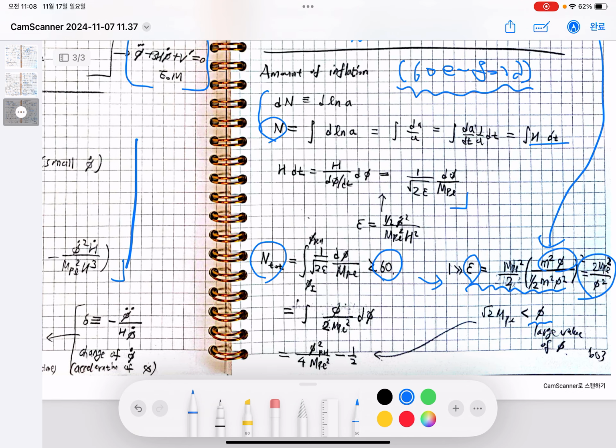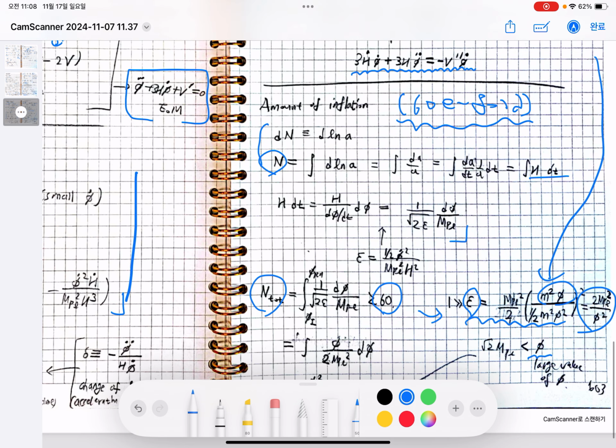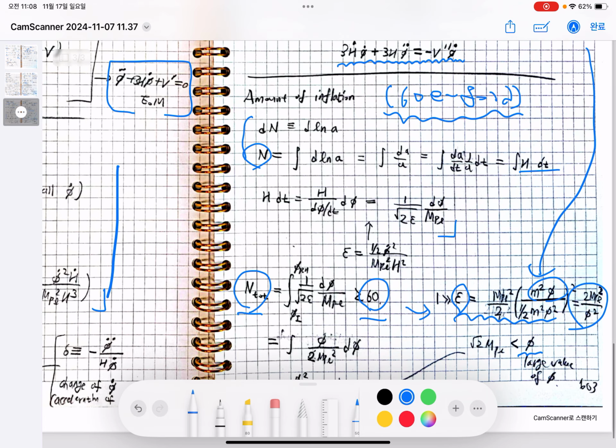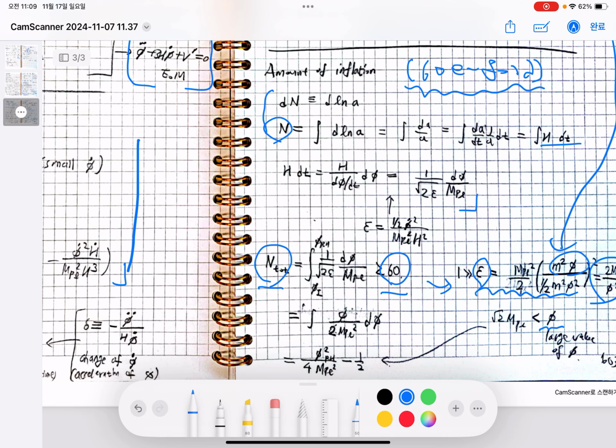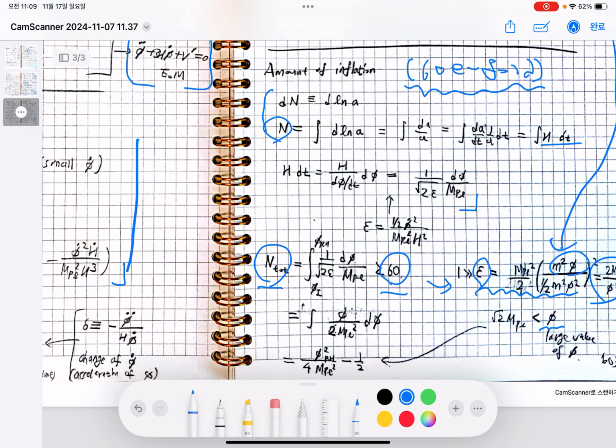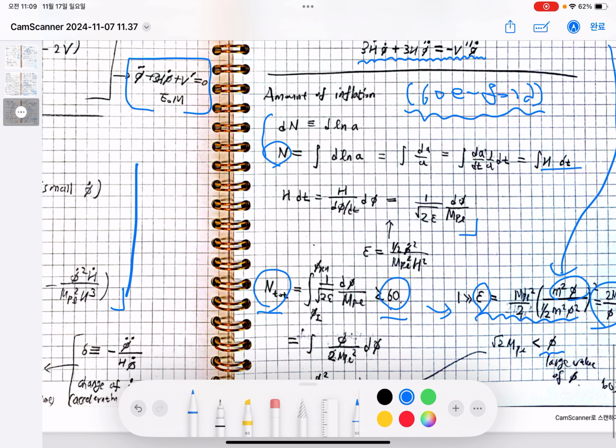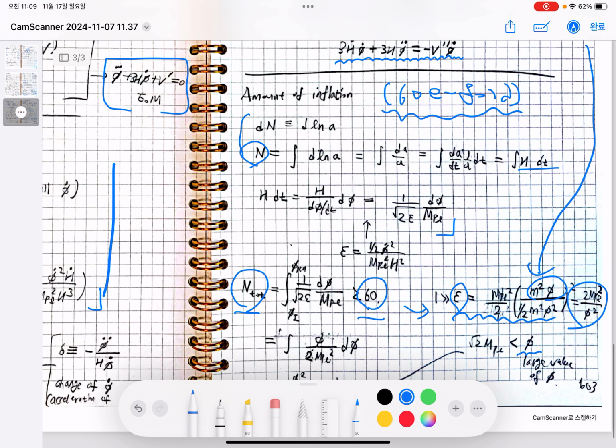And if we calculate these conditions for 60 e-fold inflation, then we can obtain the total e-fold number in terms of the scalar field value at the end and the scalar field value when inflation starts.